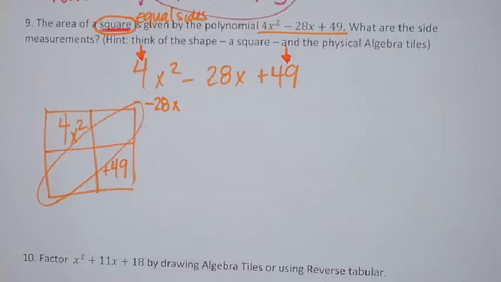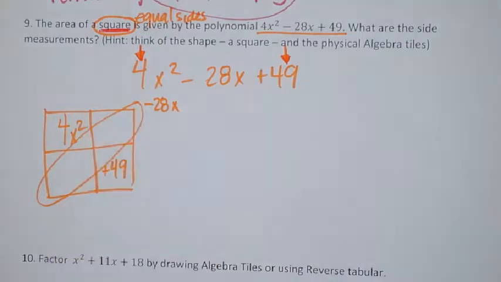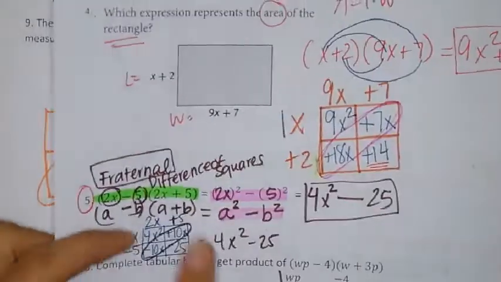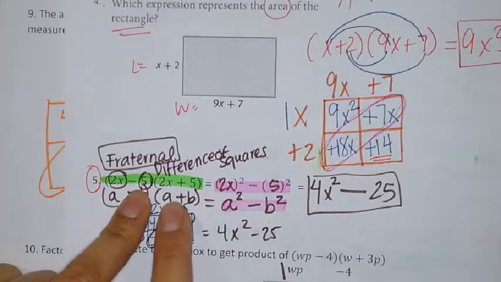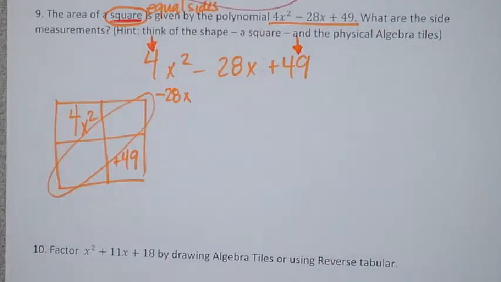Okay? But because I know that these are perfect squares and this is in the shape of a square, I should know the formula, which is the one that we did in this section right here, but this one is the difference of squares, this one is the one that is the identical twins, right?